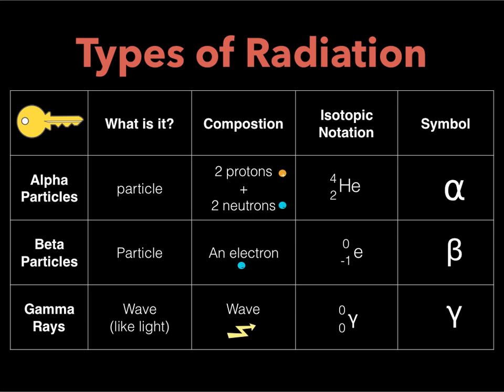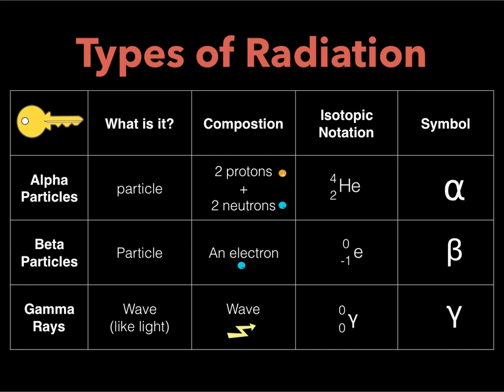For beta particles, we know it's a particle. It's actually an electron. So this is what the isotopic notation looks like. It's e with a -1 because we know that electrons are negatively charged, and they don't really have a mass. So that's why we put a 0 right over there. The symbol for that is this Greek symbol beta. Gamma rays are a little bit different because they're not particles.